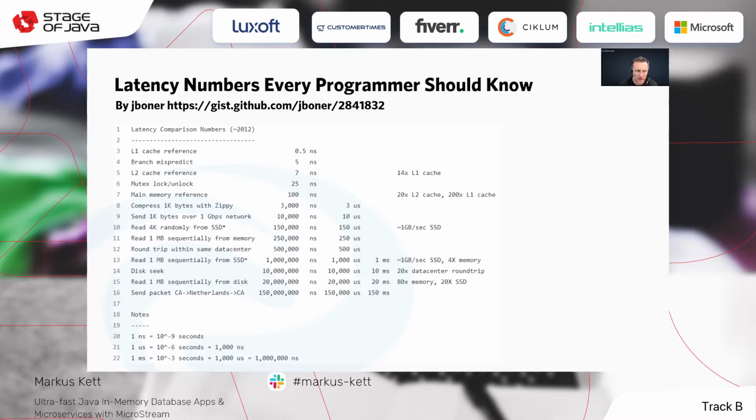Access to memory takes only a microsecond or some microseconds. In comparison to access to a hard disk, in-memory computing is up to 1,000 or sometimes up to 10,000 times faster than access to a hard disk drive. And this is really incredible.